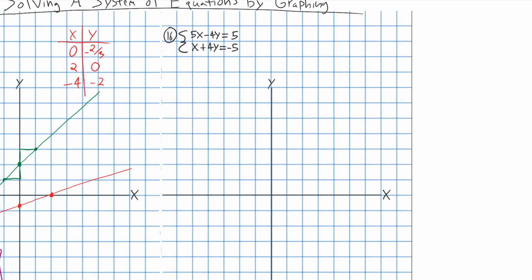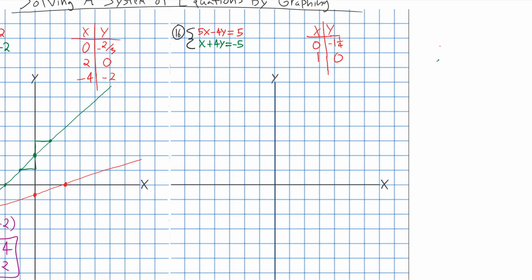Let's see, I'm going to color this one red, and I'm going to color this one green, just so we can keep track. So we have standard form on the red one, so I'm going to let x equal 0, y is going to be negative 1 and 1/4, and if I let y equal 0, x is going to be 1.